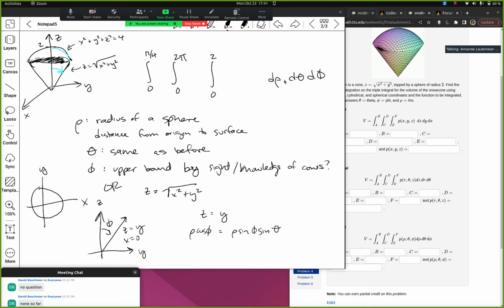So you can say that cosine phi has to always be equal to sine phi, which is again only going to happen at that perfect 45 degrees.